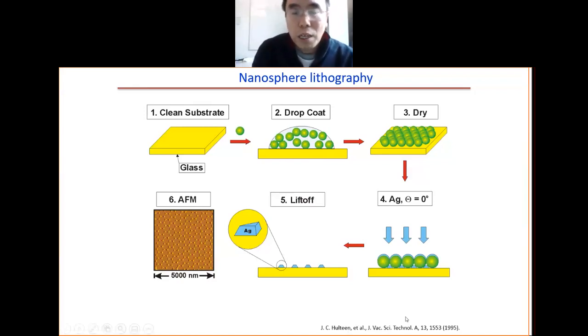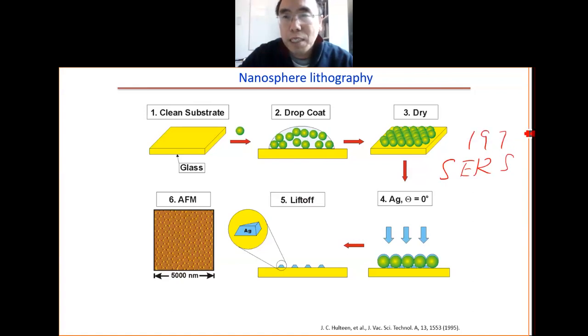This professor is a chemist. For a chemist, it's hard to do clean room research. He does not want to use clean room lithography. So he used this very easy way to make noble metal nanostructures. Professor Van Duyne discovered SERS in 1976.